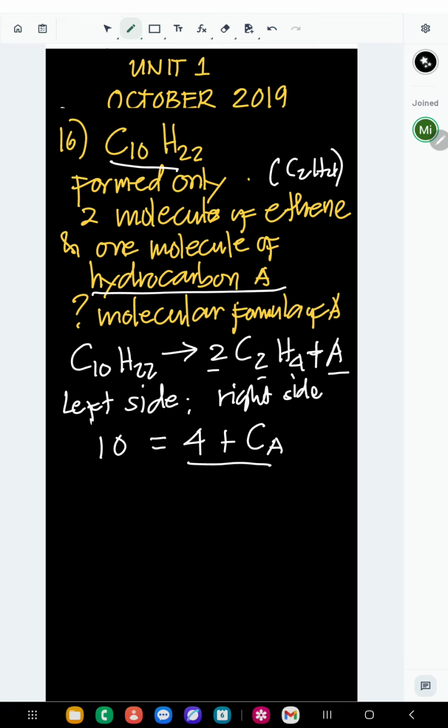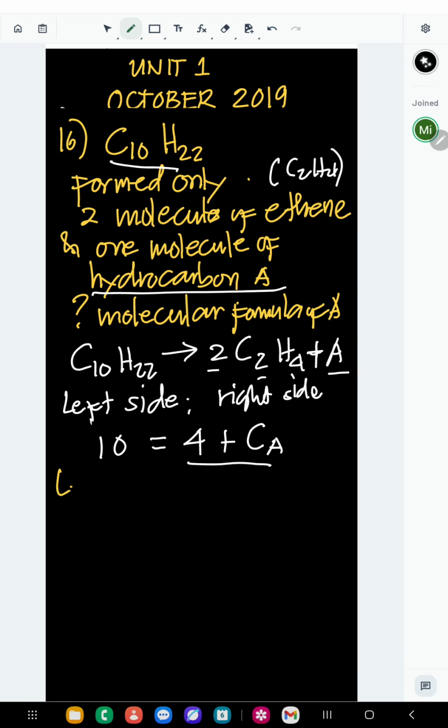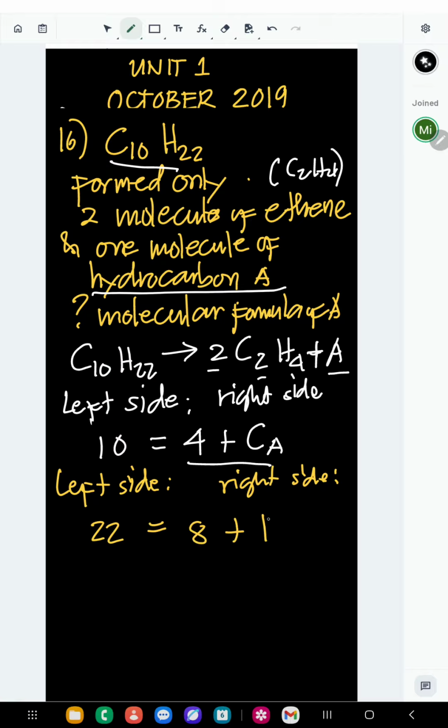On the left side, there are 22 hydrogens, and on the right side we have 8 hydrogens, plus we don't know the number of hydrogens in hydrocarbon A.